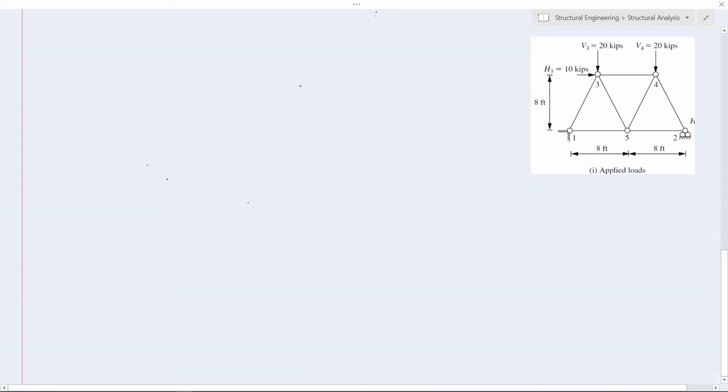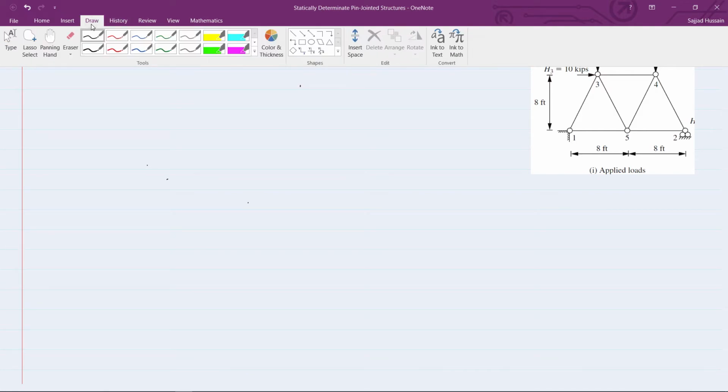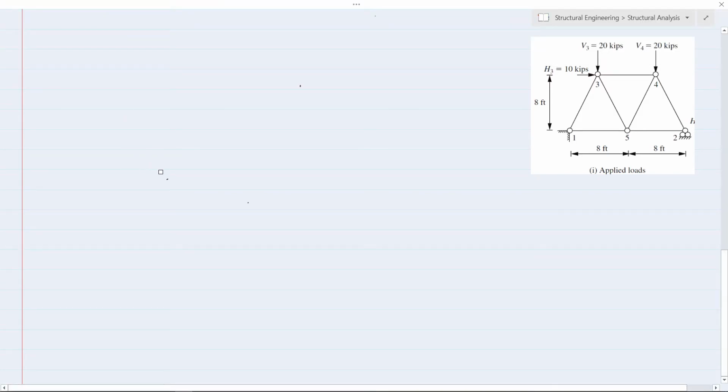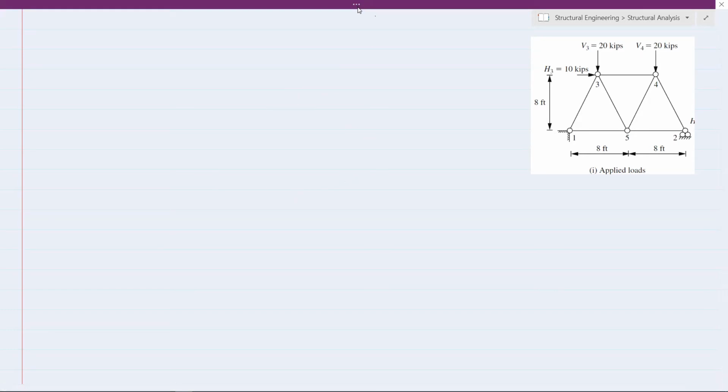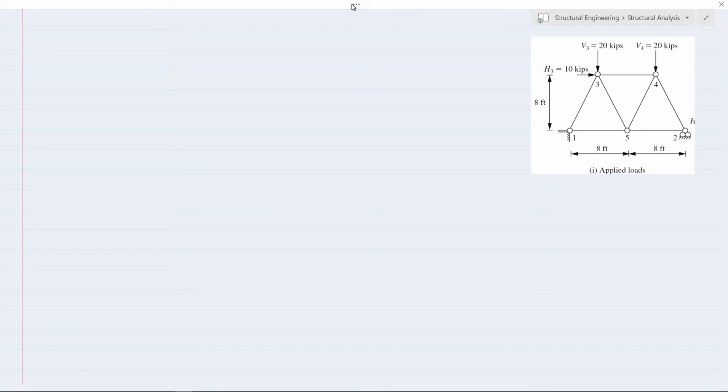Let me clear these unnecessary dots. So here we can see that there are two forces acting downward, 20 kip over here at node number 3, and 20 kip over here, acting at node number 4.